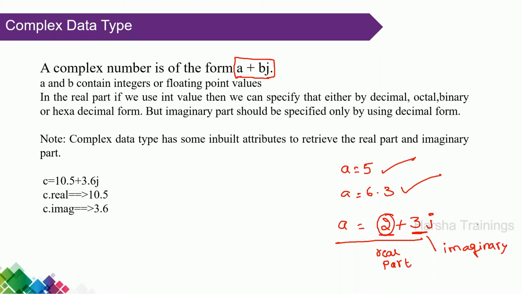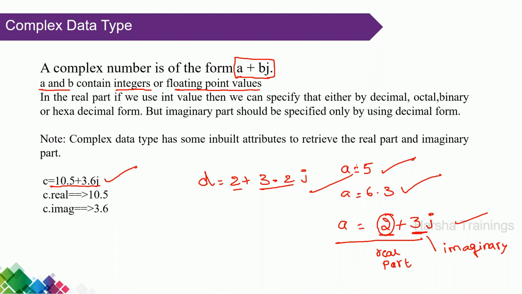The a and b values can be either integer values or floating values. Here I am using an integer value. In another example, d is equal to 2 plus 3.2j, one integer value and one floating value. Any combination is allowed.